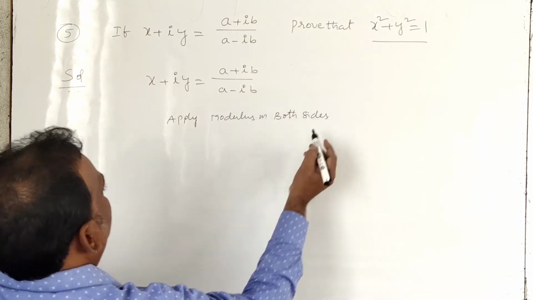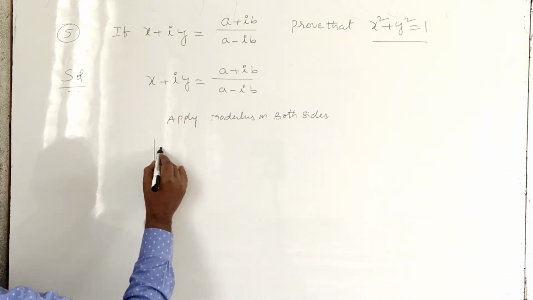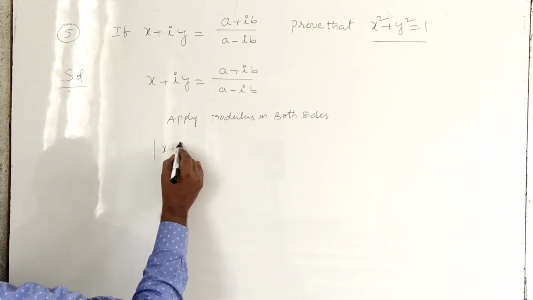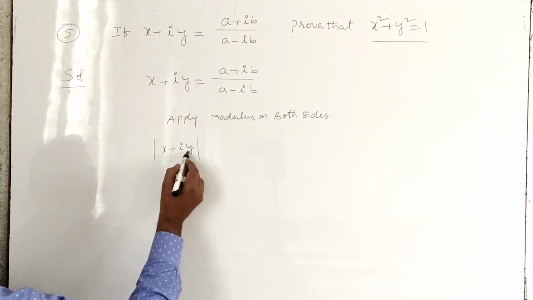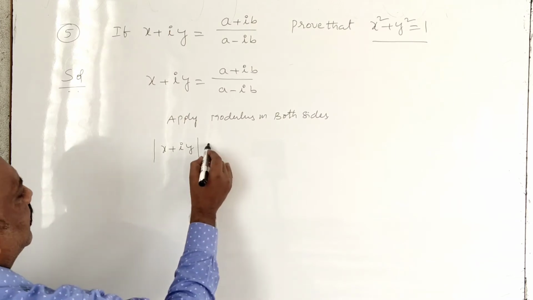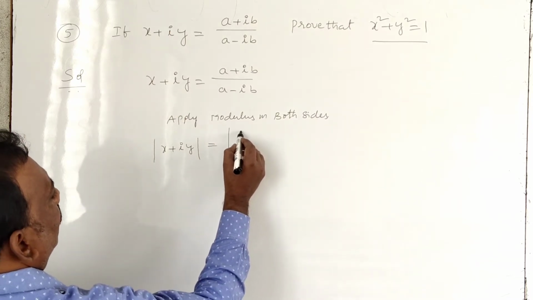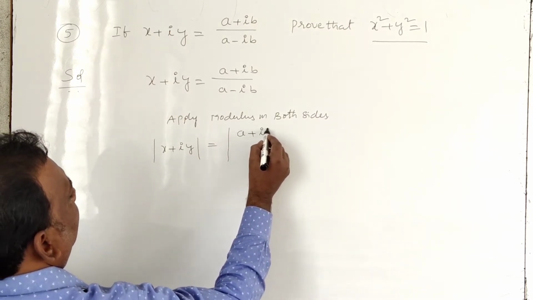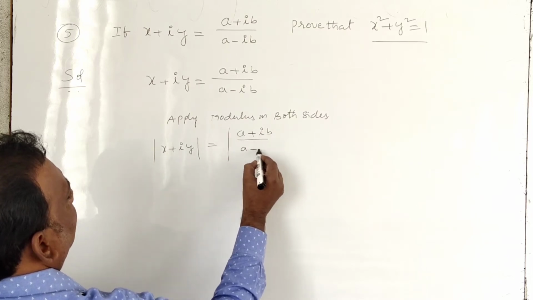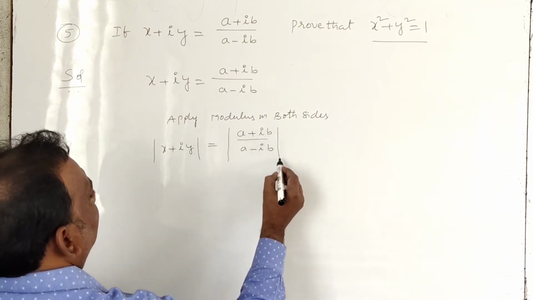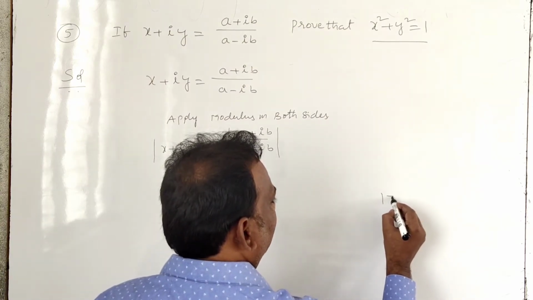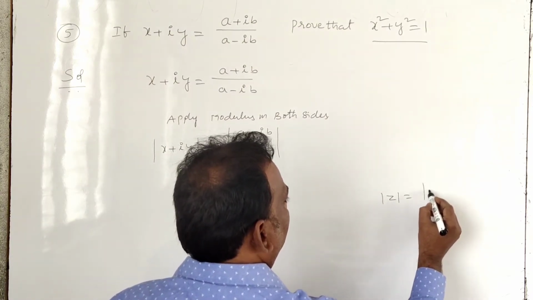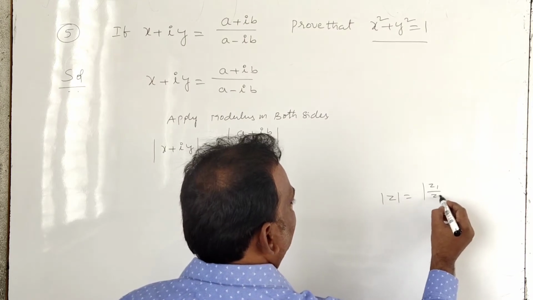If you apply the modulus on the left side, mod of x plus iy, that means mod of this complex number. Suppose it is z, mod z, which is equal to, you have to apply the modulus on the right side also. But on the right side we have two complex numbers, numerator and denominator. So it is in the format of mod of z1 by z2.